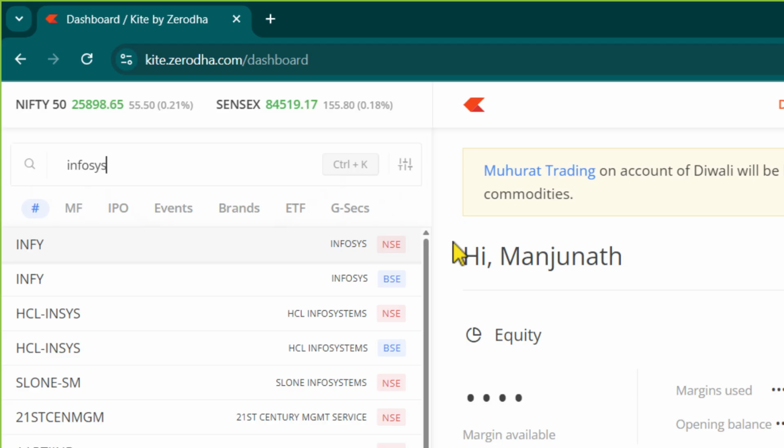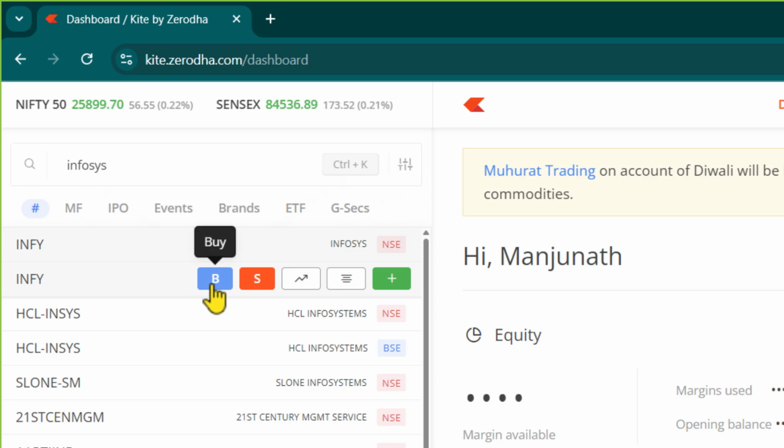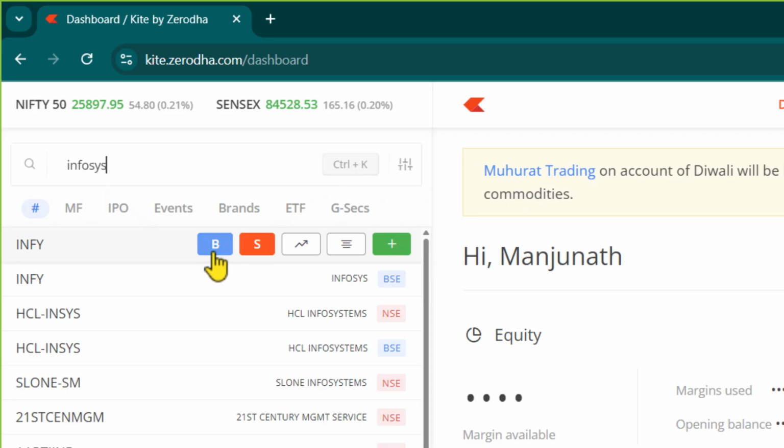So if I want to buy shares of Infosys from NSE, then I need to click on this B button. If I want to buy from BSE, then I need to click on this B button here. So depending on which stock exchange I want to buy from, I have to click either this or this.